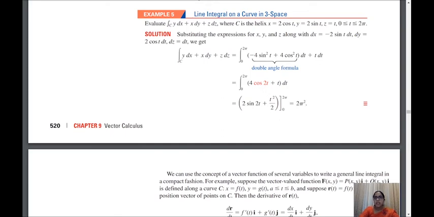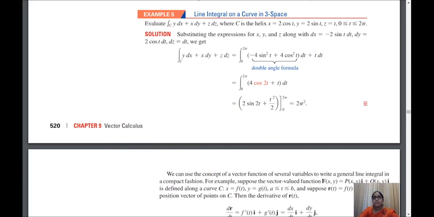Using all these we will substitute, and the integral over C of y dx plus x dy plus z dz will be equal to the integral from 0 to 2 pi of y, which is 2 sin t, into dx, which is again minus 2 sin t. So altogether we get minus 4 sin squared t, plus 4 cos squared t, plus t, into dt.